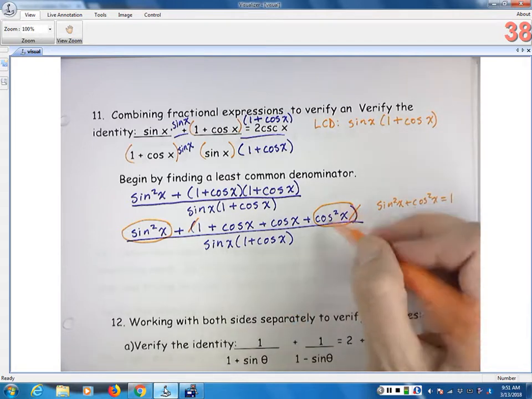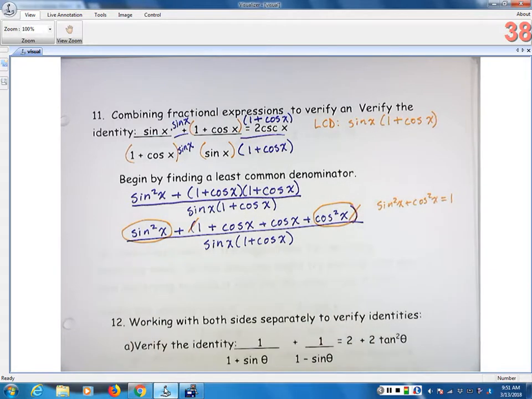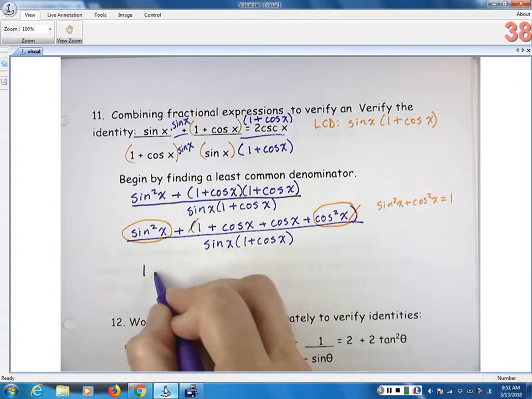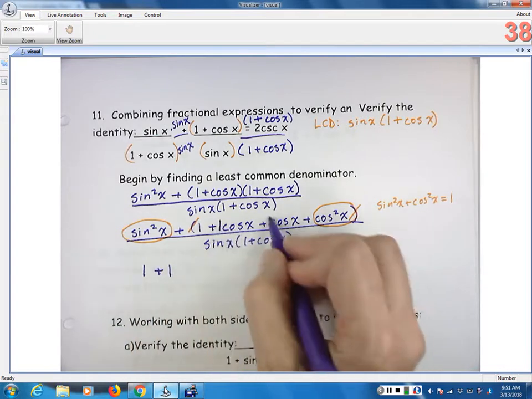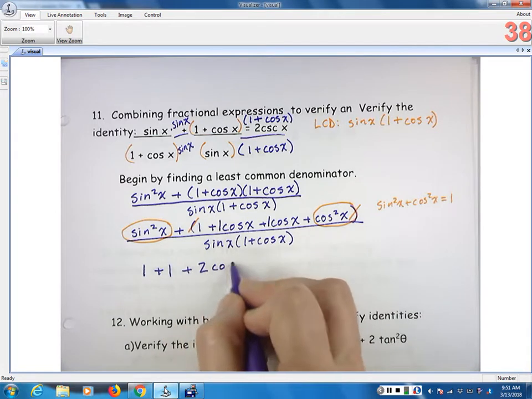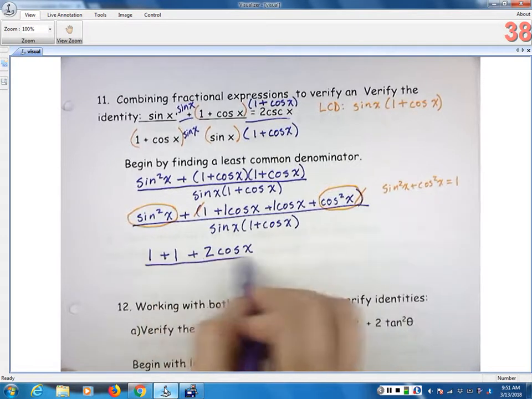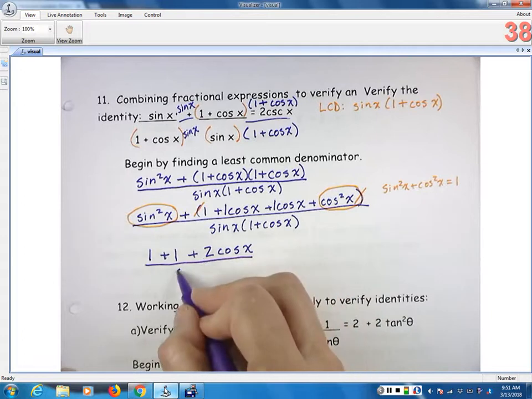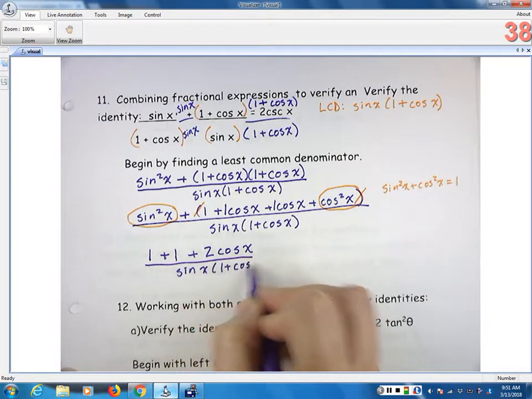So we're going to replace that with 1. So we get 1 plus 1, and we have 2 cosine x's plus 2 cosine x. All divided by sine x times 1 plus cosine x.